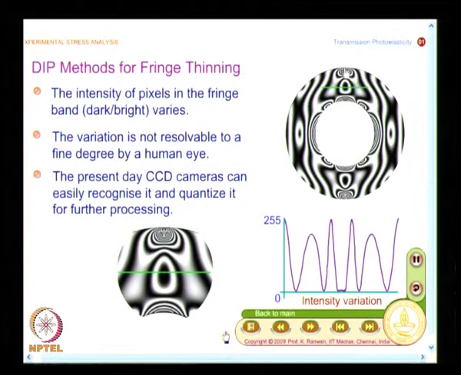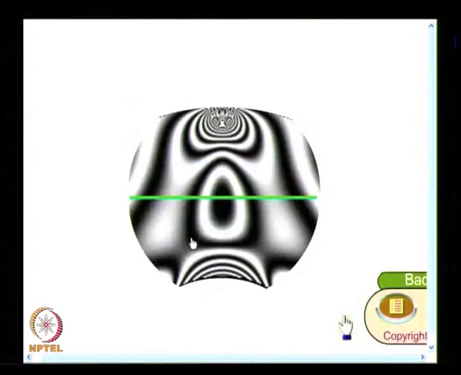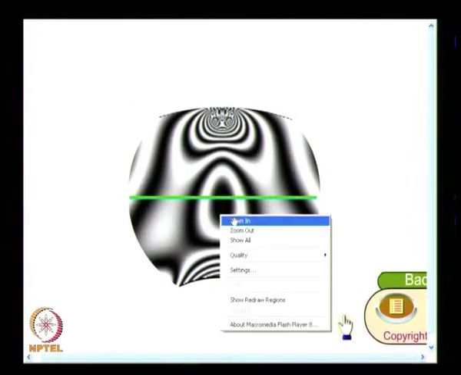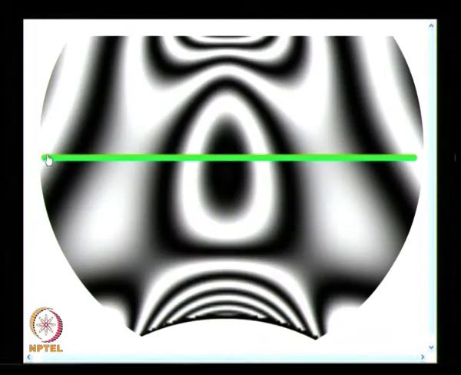This is the load application point, and what is shown here is a line passing through this set of fringes. This portion is enlarged and recorded in a digital camera, and you find there is a variation of intensity along this line, which the human eye is not able to clearly distinguish.